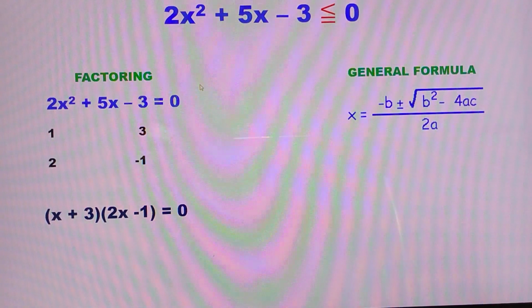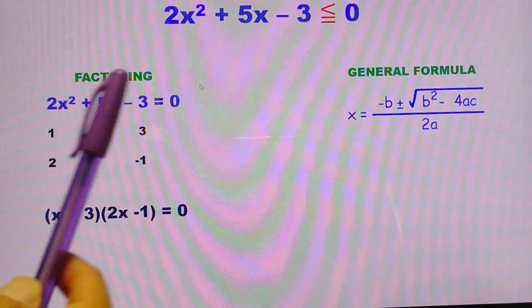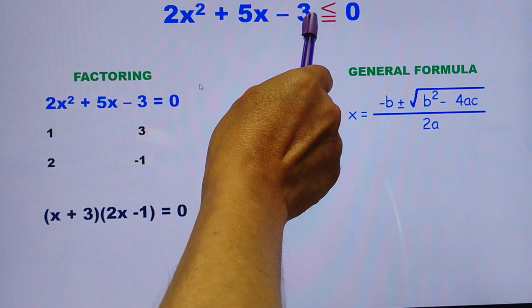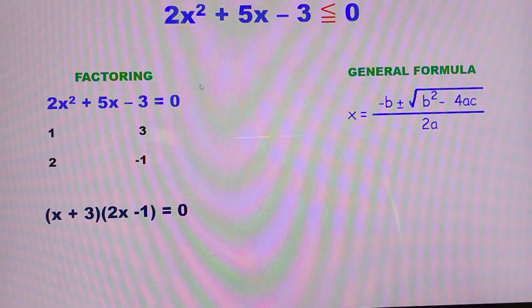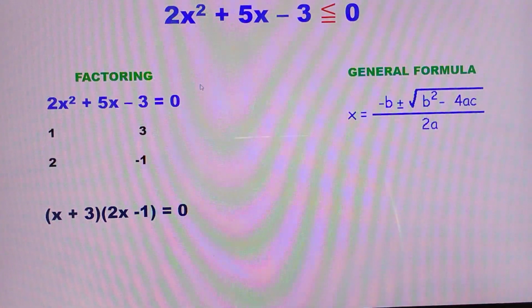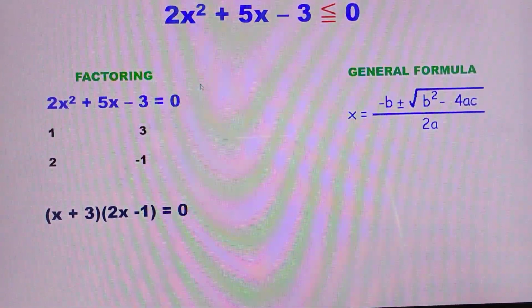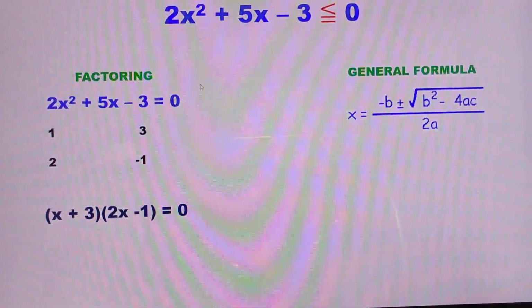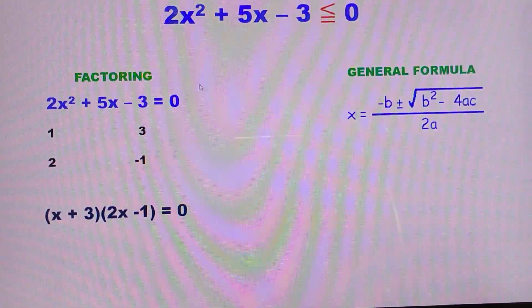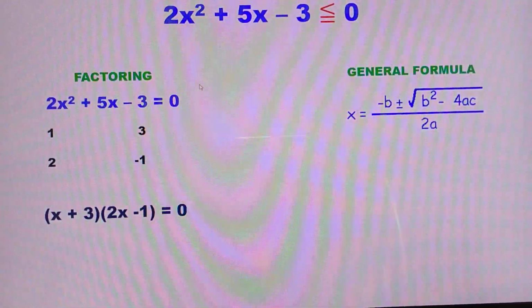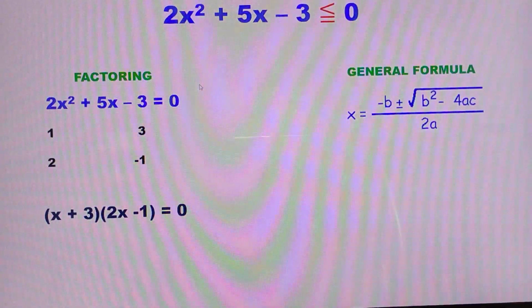However, you need to note that this really is an x power 0, because remember, anything power to 0, except 0, is 1.